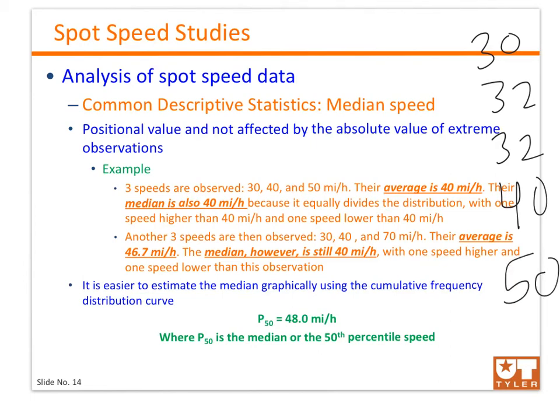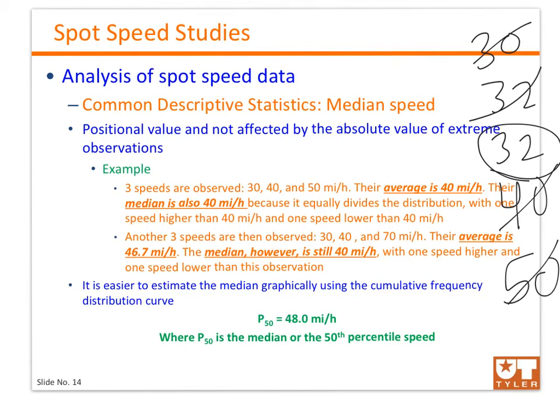So I need to put all the speeds, including repetitions, in descending order. Then I'm going to remove the lowest one and remove the highest one. Do the same thing, remove the second lowest one and the second highest one, and the one in the middle that's going to stay there will be the median speed.